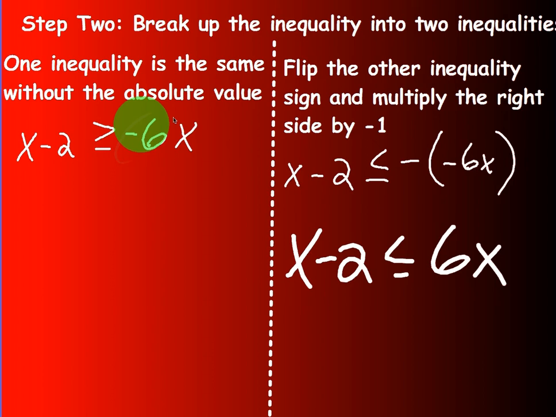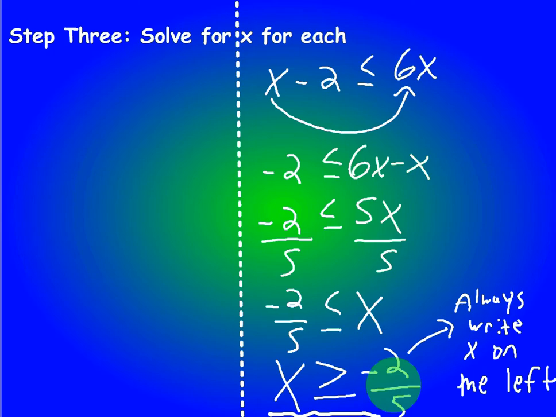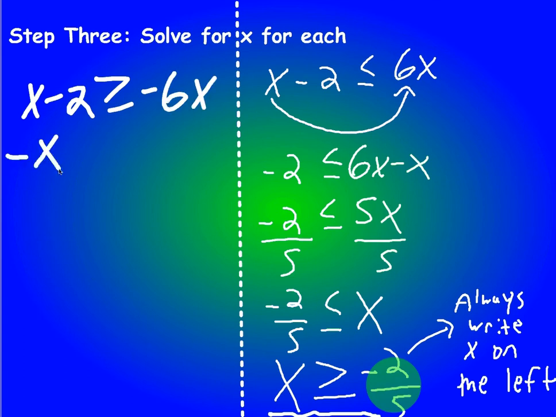Solve each of these inequalities. For the next step, we're going to subtract x. Now I didn't divide or multiply by a negative, so I don't need to flip the sign yet.